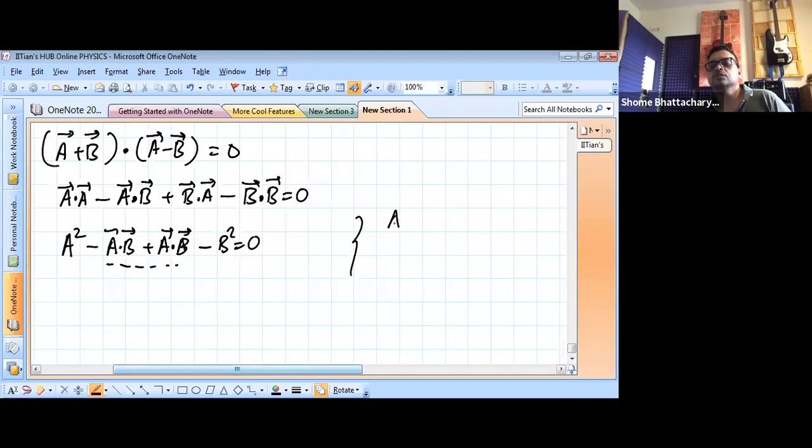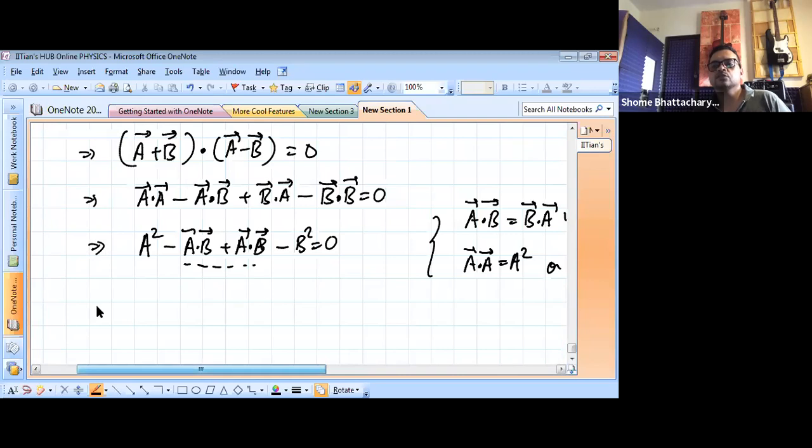One is that A dot B is equal to B dot A, for this step, and we've used the fact that A dot A is square of its magnitude, or B dot B, any vector dot product with itself is square of its magnitude. So we made use of these 2. That's how we're getting this. So finally what we get is that A square minus B square is 0.